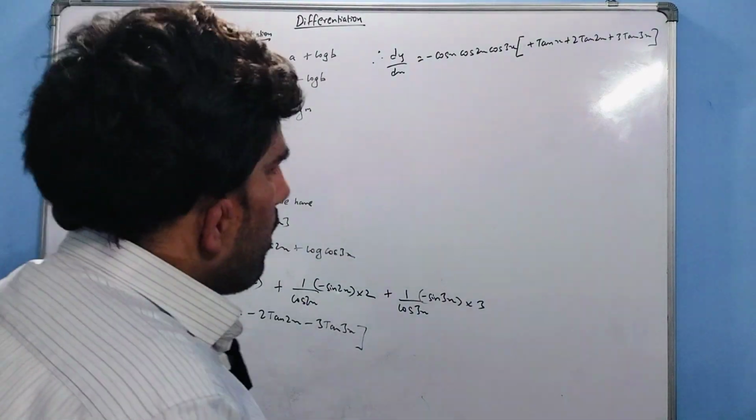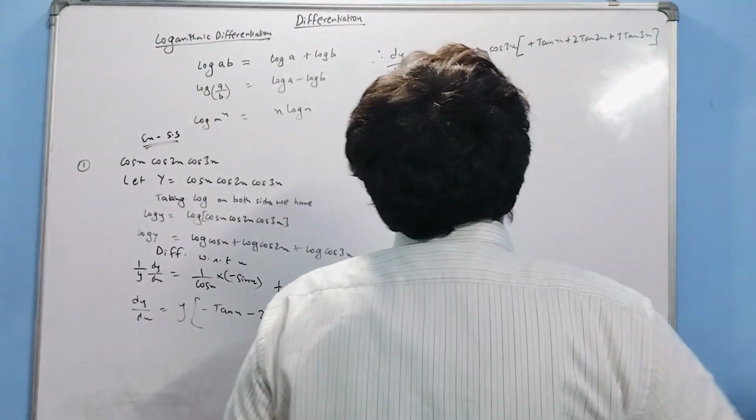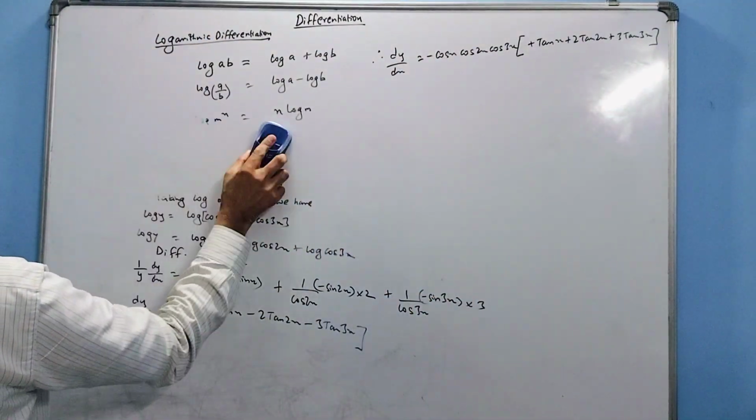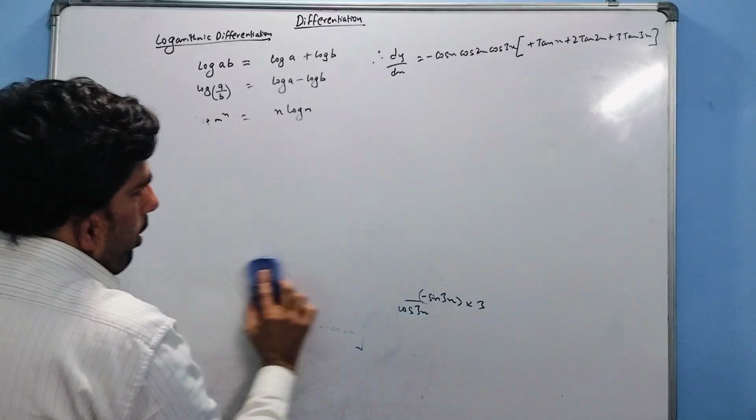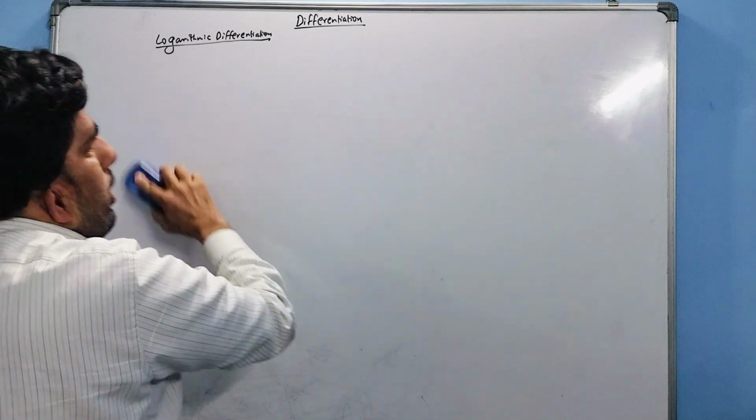Now let us try this logarithmic differentiation in the next question. Let us see what we have here. In the second question we have x minus 1, x minus 2 upon x minus 3, x minus 4, x minus 5, and we have this in a root.